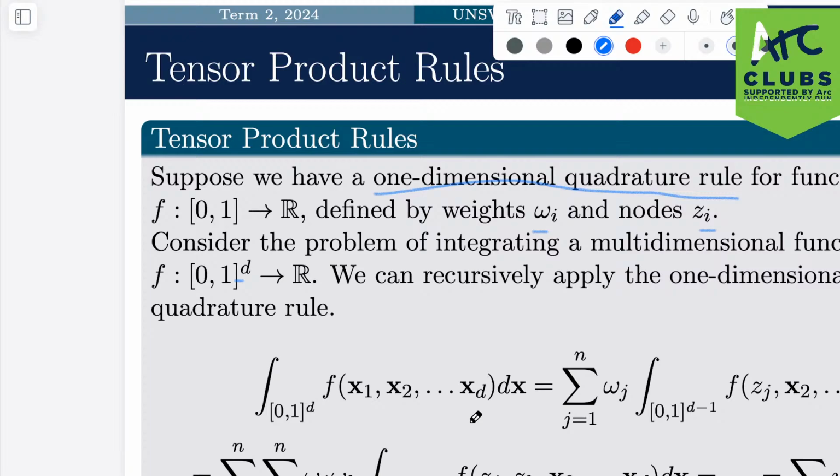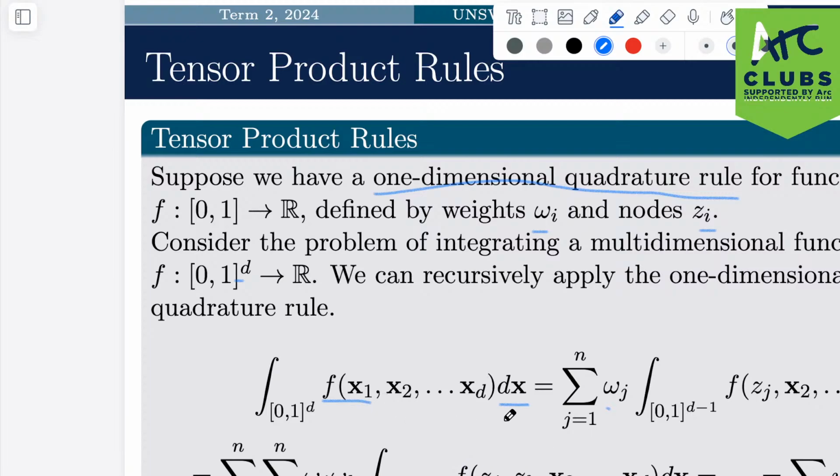So basically, you start with f(x1) dx1, and you approximate it with wj and zj. Okay, so you get your first integral.